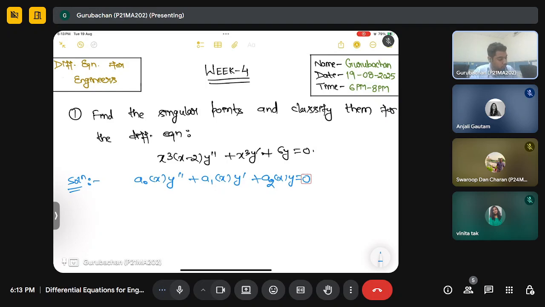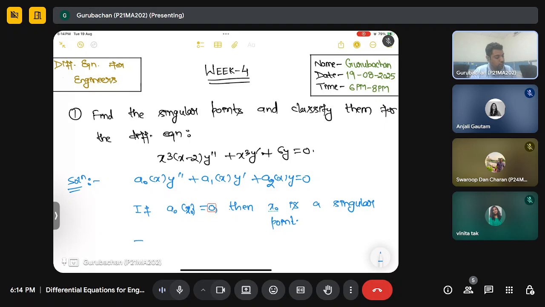If a naught x naught is 0, then x naught is a singular point.